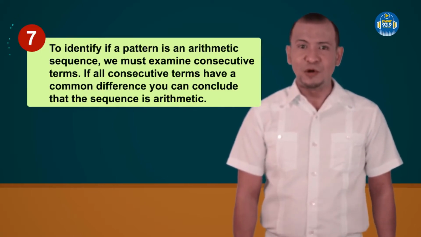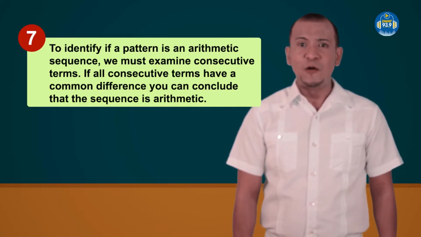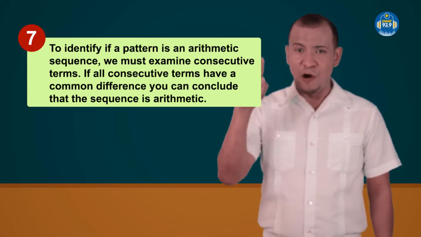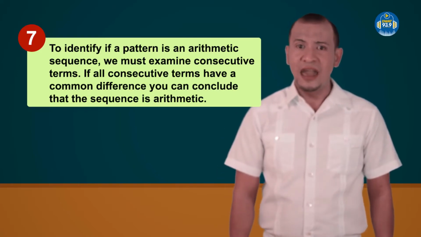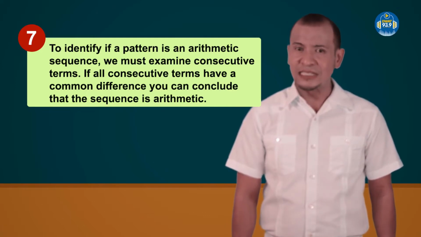Seventh, to identify if a pattern is an arithmetic sequence, we must examine consecutive terms. If all consecutive terms have a common difference, you can conclude that the sequence is arithmetic.